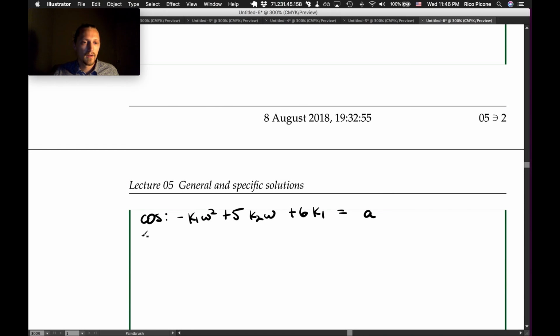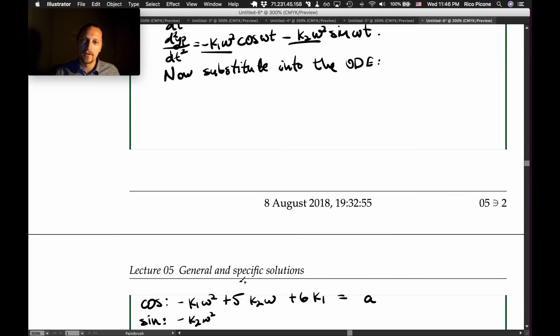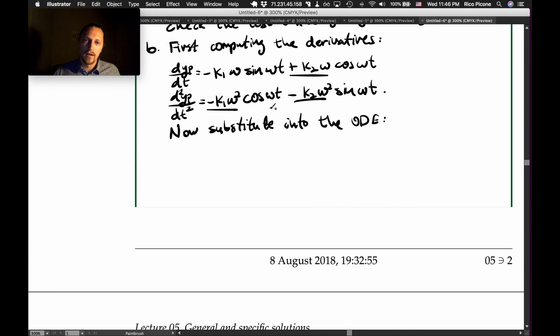The sine coefficients are essentially the opposite. So we have this negative k2 omega squared to start us off. There is a pattern that emerges, but I caution you from getting too enamored with just seeing the patterns.